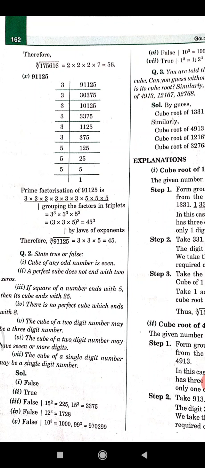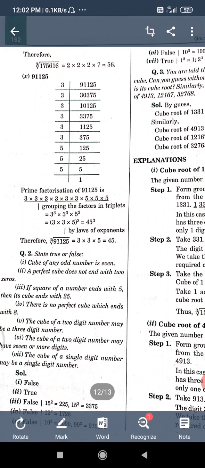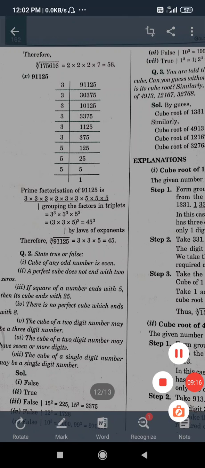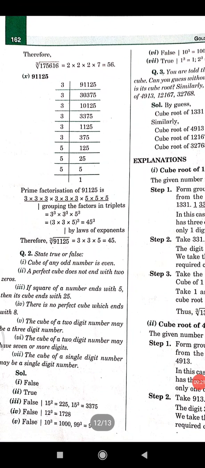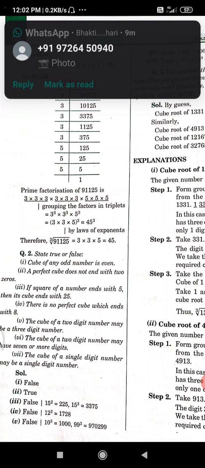If you divide by 3, there will be a remainder. So divide by 5. 5 twenty-fives are 125, 5 fives are 25, 5 ones are 5. Now making the triplets of the prime factorization: 3 three times, 3 three times and 5 three times.